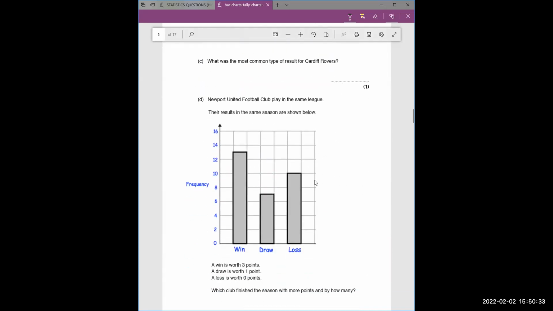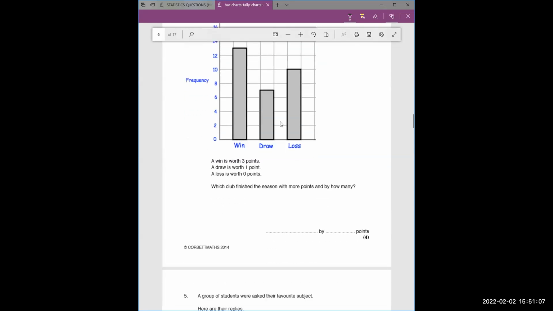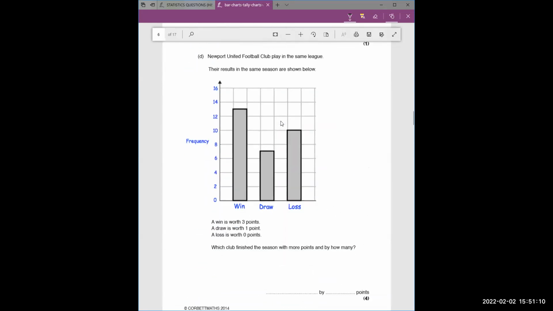This one right here, interpreting bar chart. Sometimes they ask you to interpret, so I want to see if you interpret it well. It says, which club?